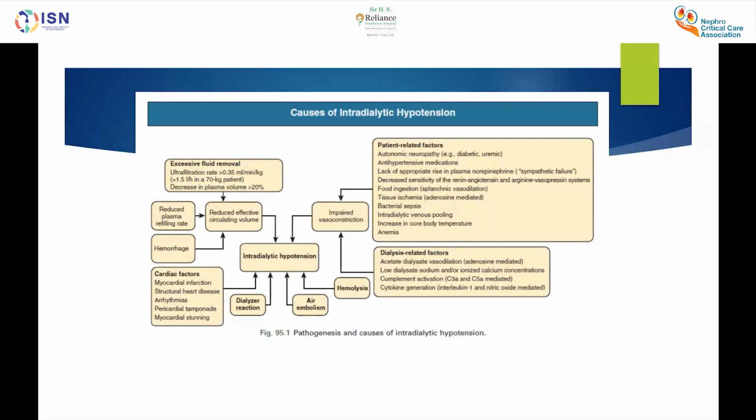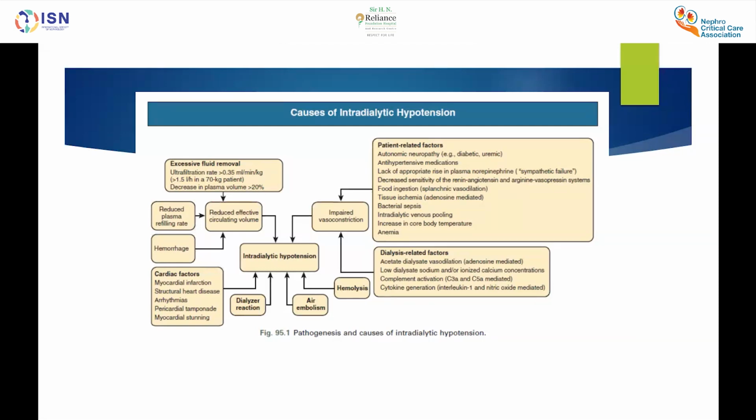Now, what are the causes of intradialytic hypotension? It could be because of reduced effective circulating volume, impaired vasoconstriction, dialyzer reaction, air embolism, or hemolysis. So, what contributes towards reduced effective circulating volume?